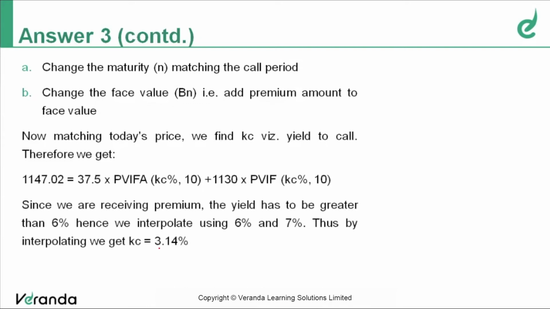By doing that computation, the way we worked out yield to maturity, in the same way it is worked out at 3.14%. I would like you people to work out and confirm this. Annualize the yield: 3.14 for a 6-month period, multiplied by 2 is 6.28. Question number 3 is over.